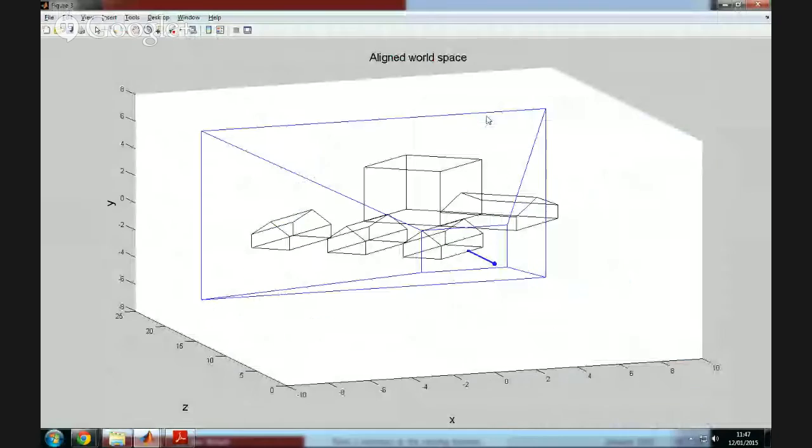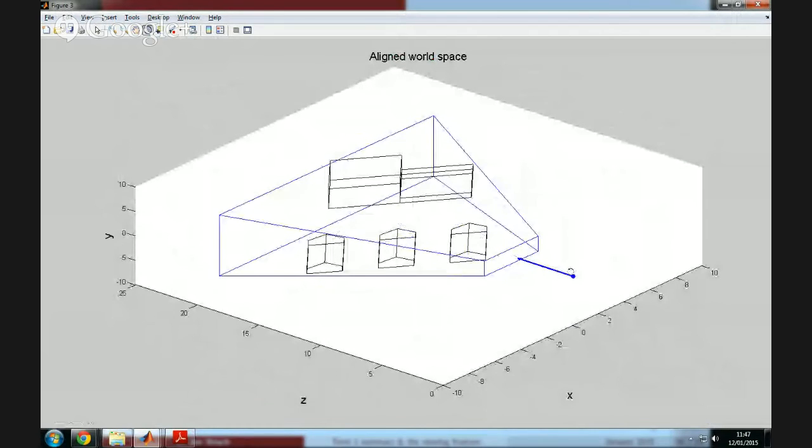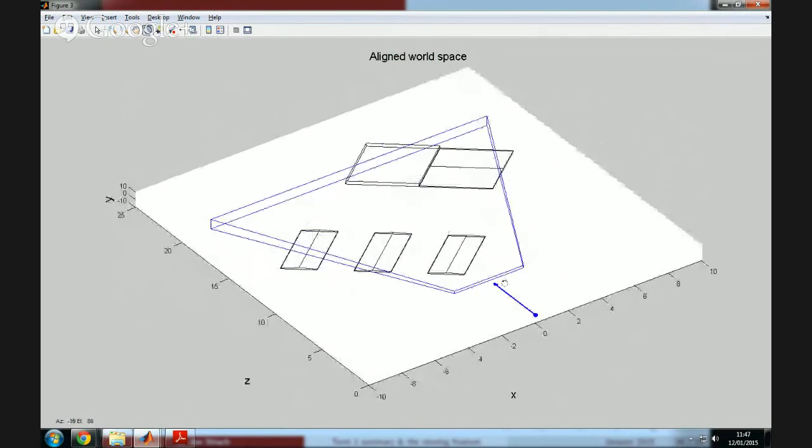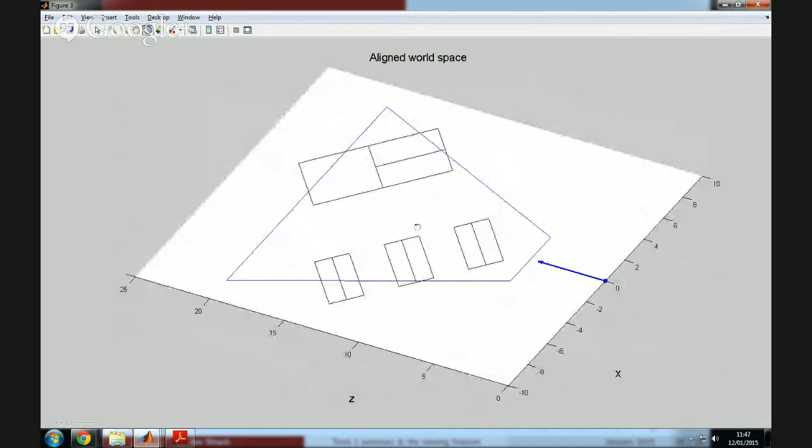So here I have an aligned world space, and I've superimposed my viewing frustum onto it. That's my viewing position. I'm looking along the arrow, and this sort of is my screen. I've put in a particular field of view there, I think it's something like 90 degrees or 45 degrees. And I've also inserted a far viewing plane.